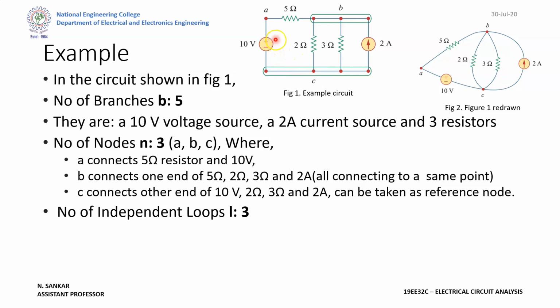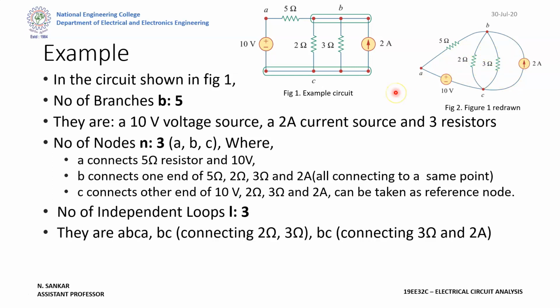One is 10 volt, 5 ohm, 2 ohm around this one, and the next loop is around 2 and 3 ohm. Then 3 ohm and 2 ampere. These are the 3 independent loops. Each forms a closed loop, so totally we have 3 loops.